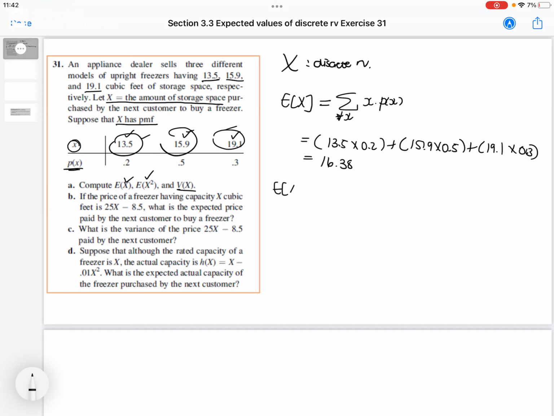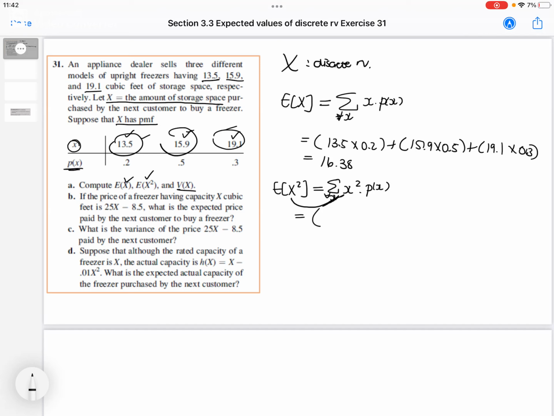Now the expected value of x is equal to 16.38. Then the expected value of x squared, what is that equal to? Anything within the brackets, we will write down using the definition. It will be the sum of what's in your brackets using small letters times p(x), for all x.